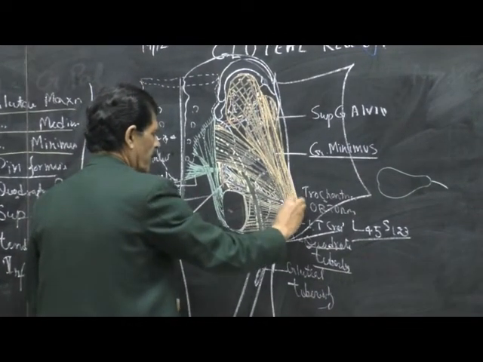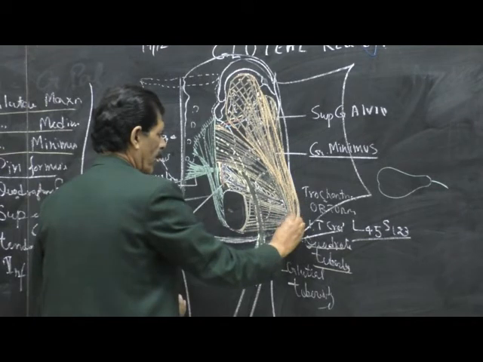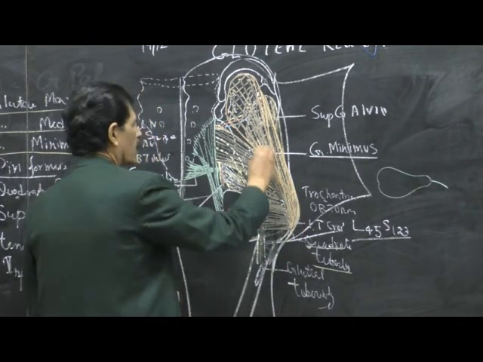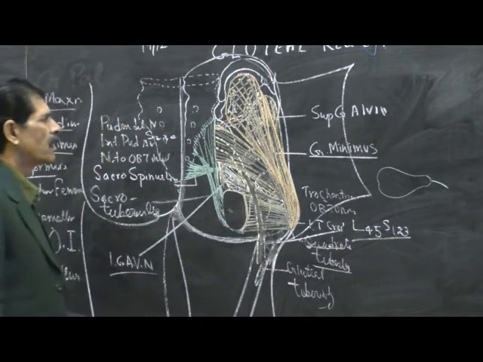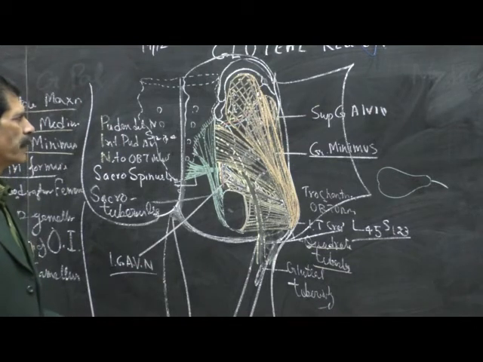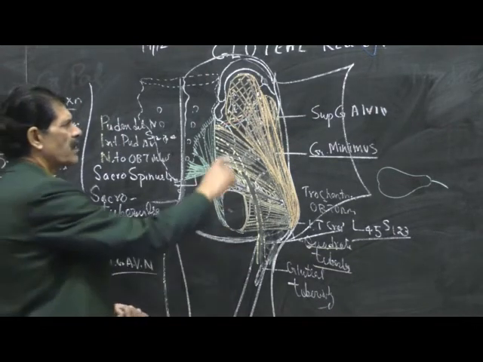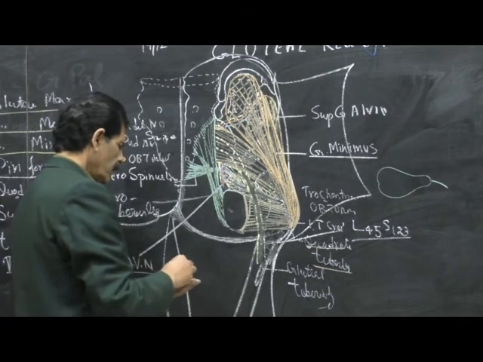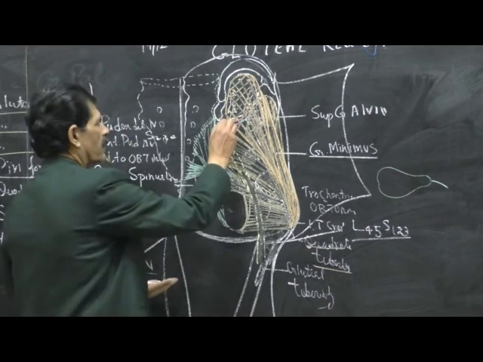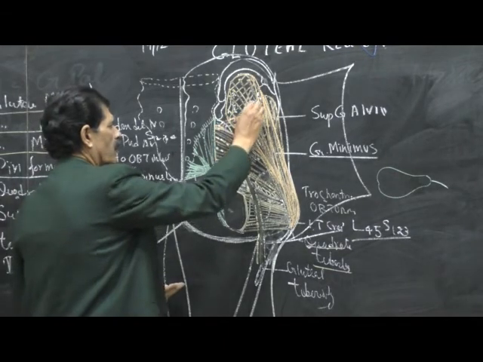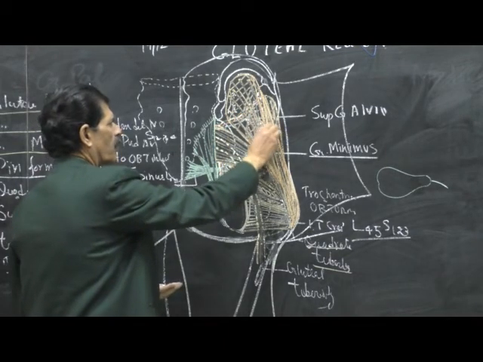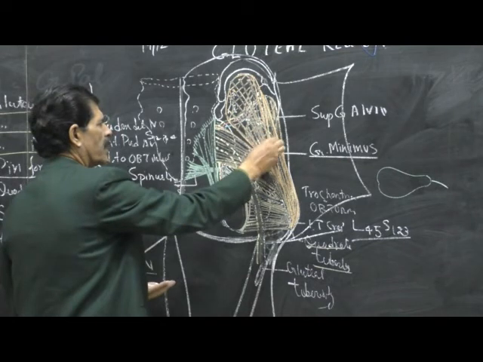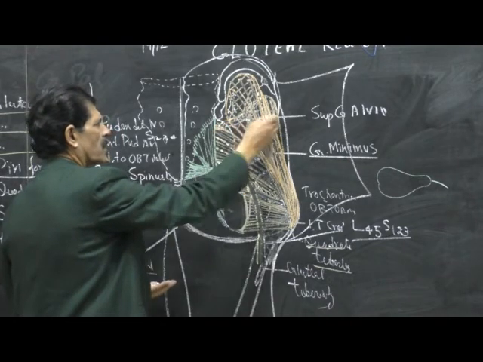Both the tendons of minimus and medius are parallel to each other. And the nerve supply of these two muscles is the nerve which is near to them, naturally the superior gluteal nerve. The superior gluteal nerve supplies both the muscles, medius as well as the minimus, because they are near to the nerve.